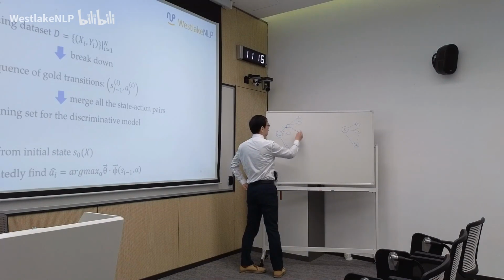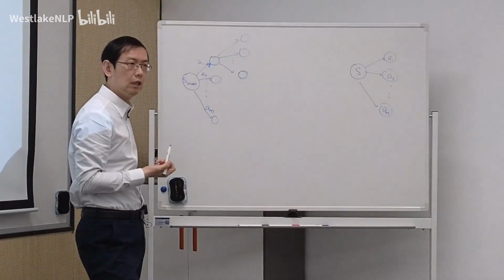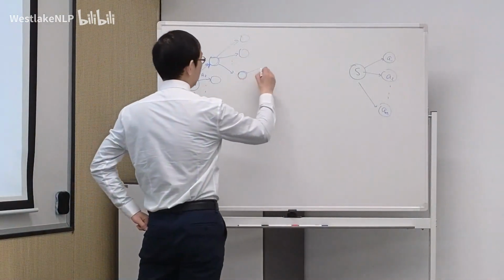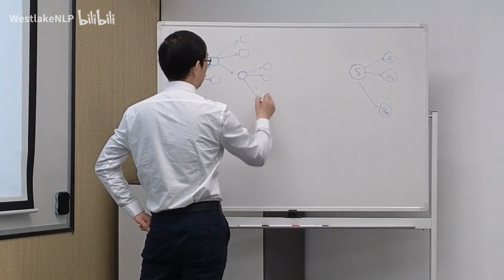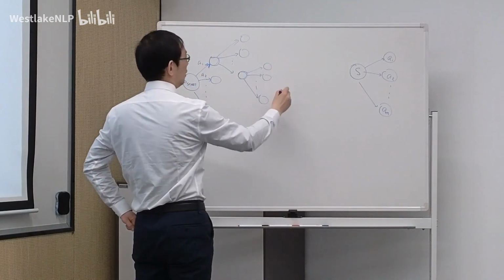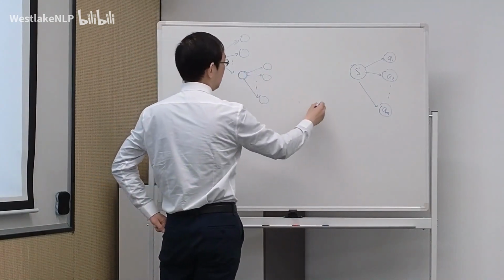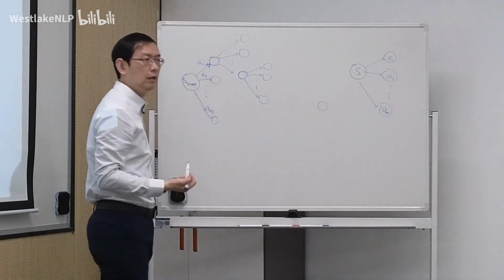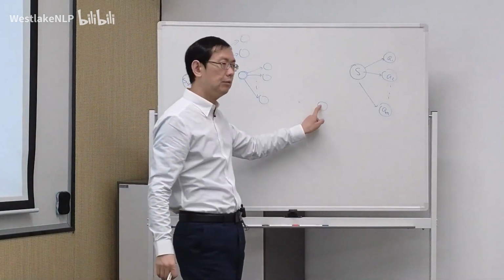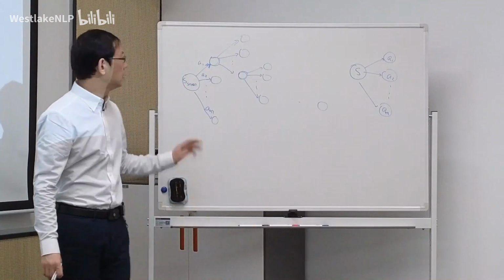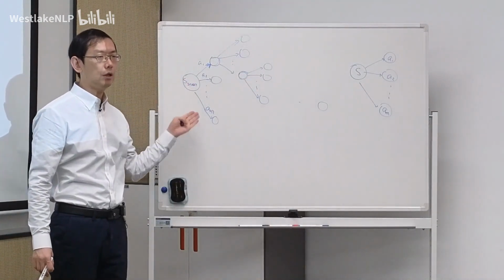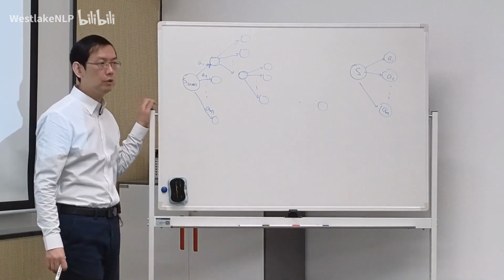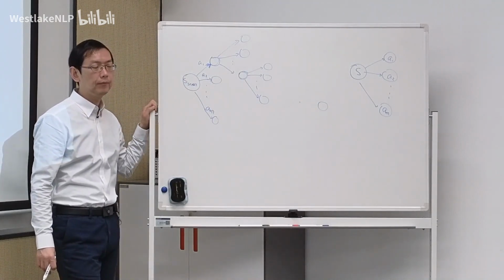For example, maybe we selected this state. And from this state, we apply the classification task again. We select this state until we reach a terminal state. And then we can read out the output structure from the terminal state. So this is a decision process, right? Every step we have ambiguities, but we resolve these ambiguities.